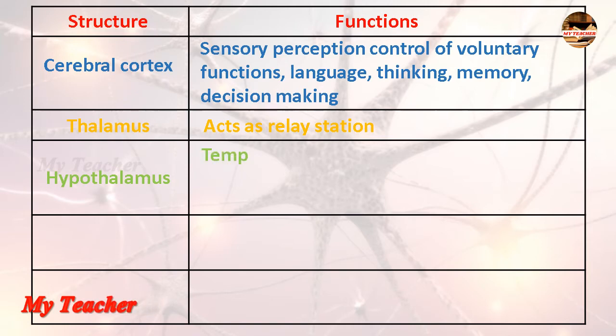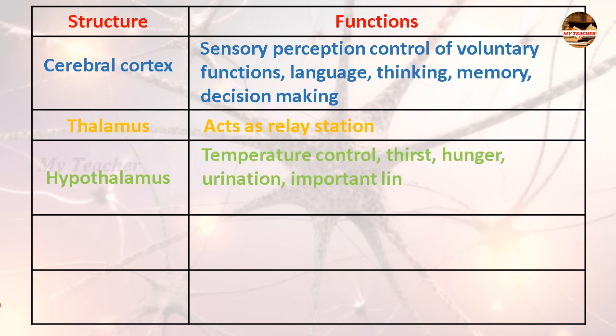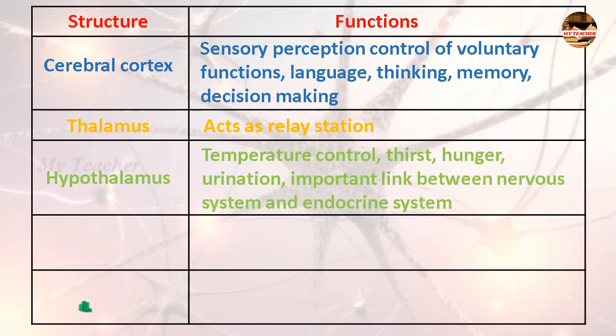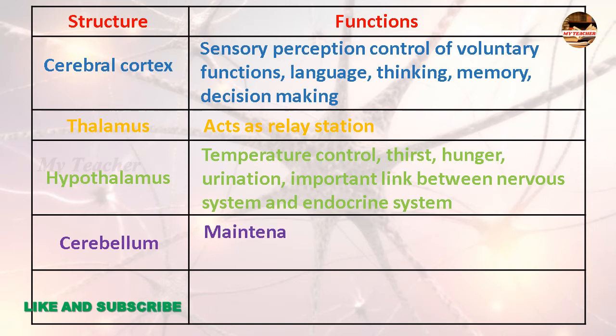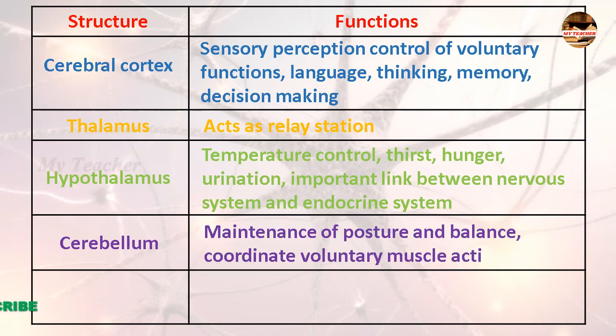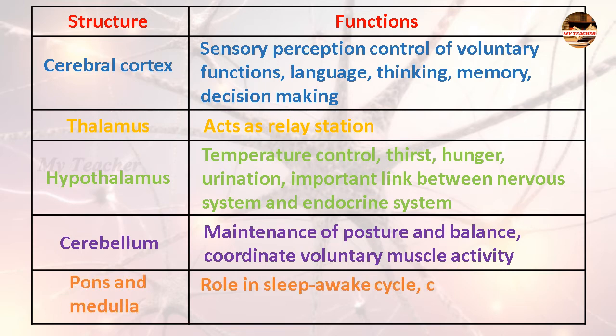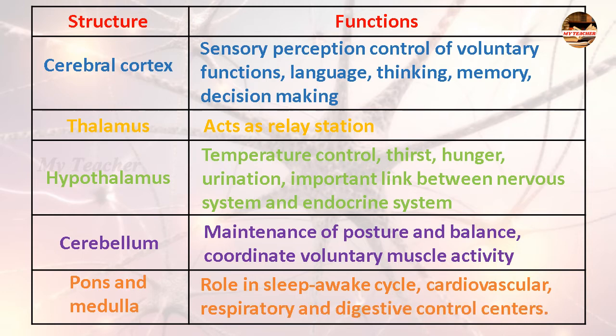Hypothalamus: temperature control, thirst, hunger, urination, important link between nervous system and endocrine system. Cerebellum: maintenance of posture and balance, coordinate voluntary muscle activity. Pons and medulla: role in sleep-awake cycle, cardiovascular, respiratory and digestive control centers.